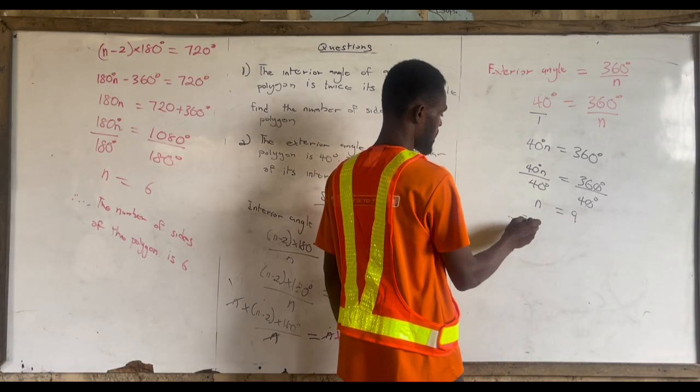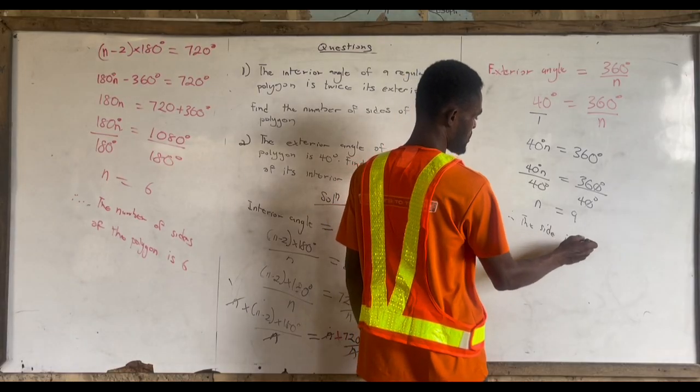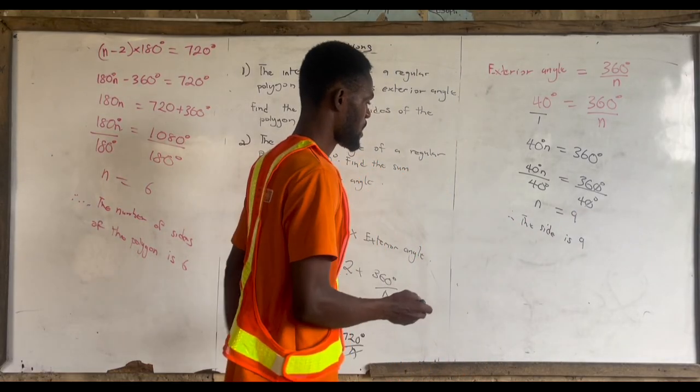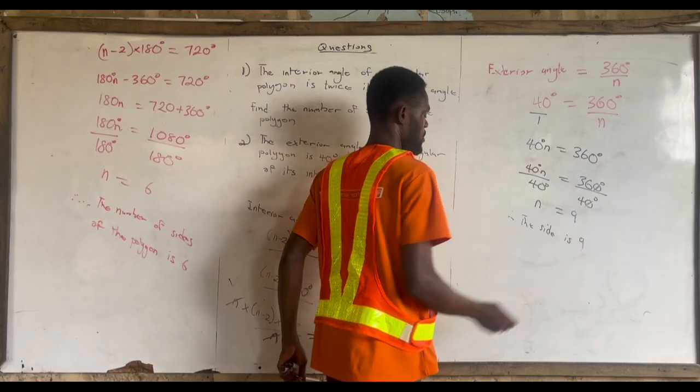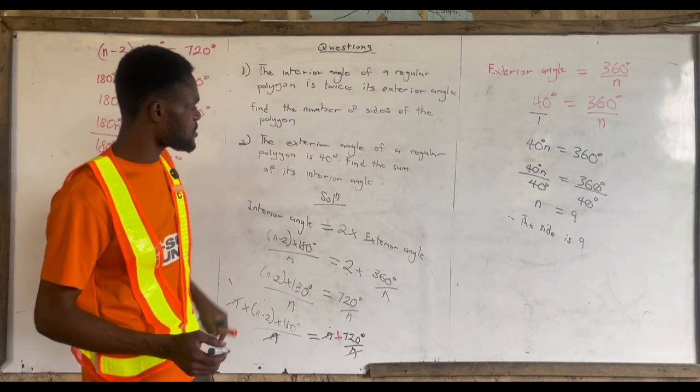So therefore the number of sides is 9. Okay, then find the sum of interior angles.